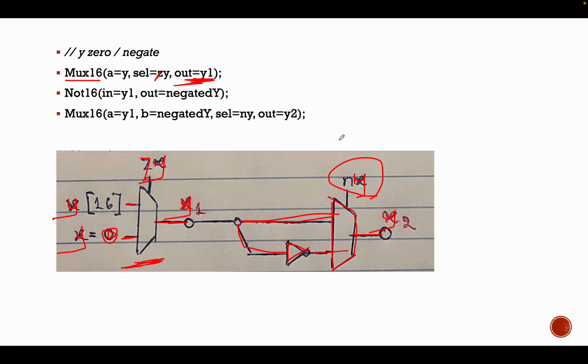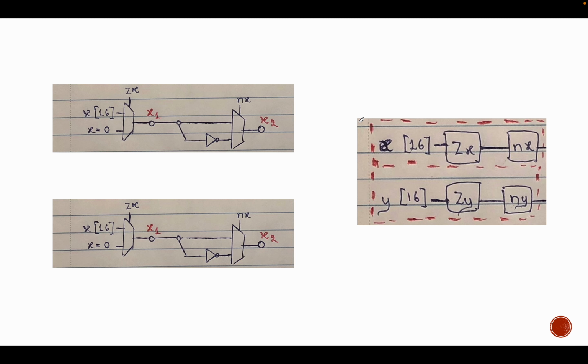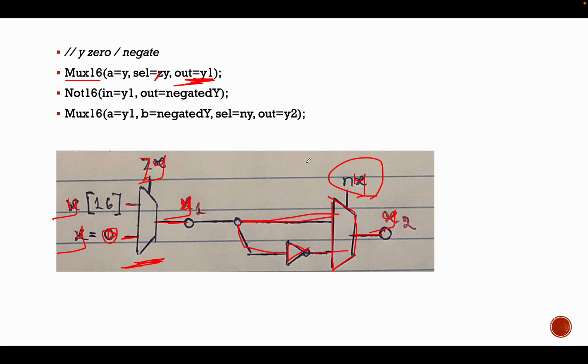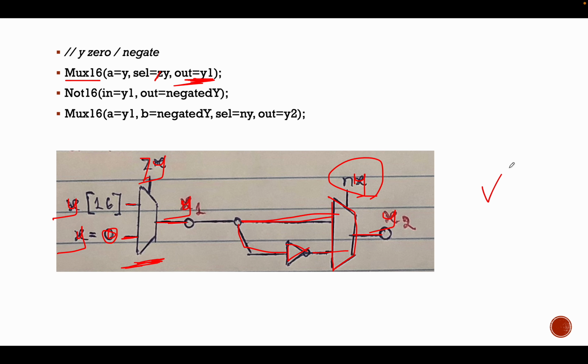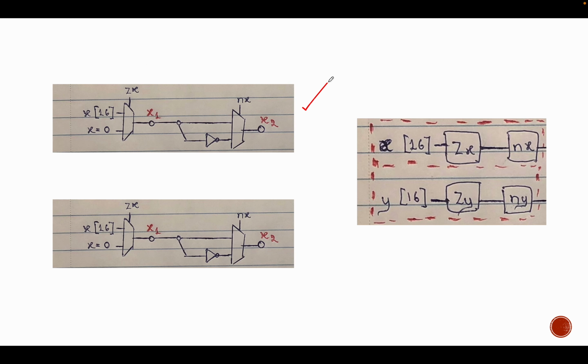Now, sorry I skipped it a little bit, but before we go into the f, as you can see here, now you've finished x, zx and nx, right? So these two, that's 1, and that is 2. So we can say that these two can be converted into this abstracted view over here.